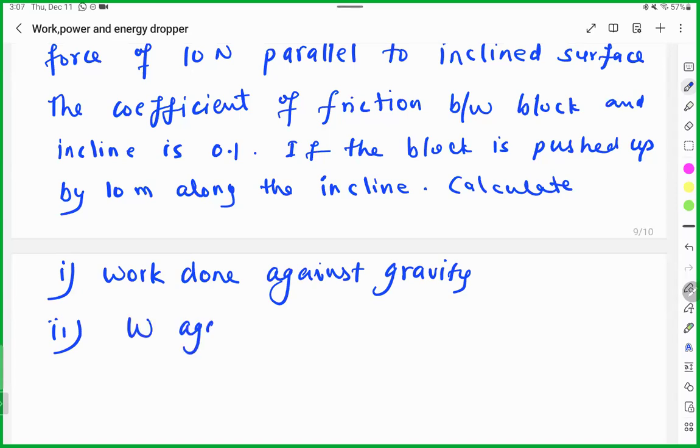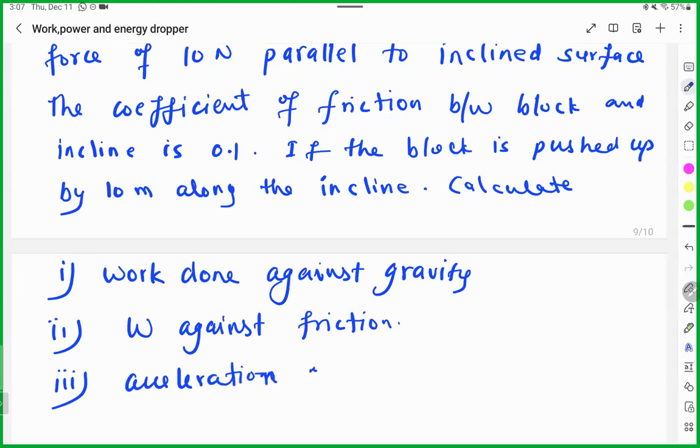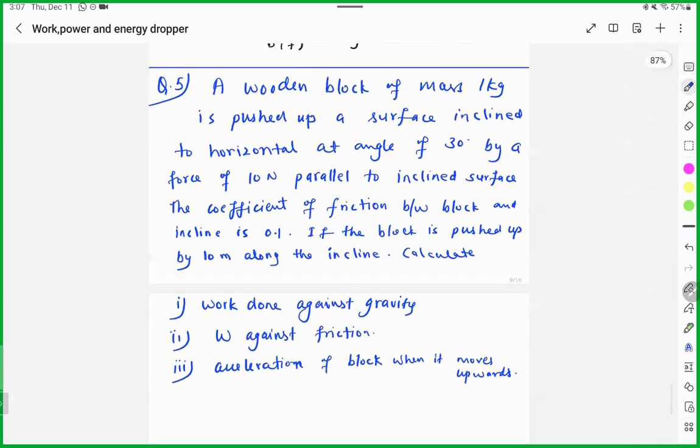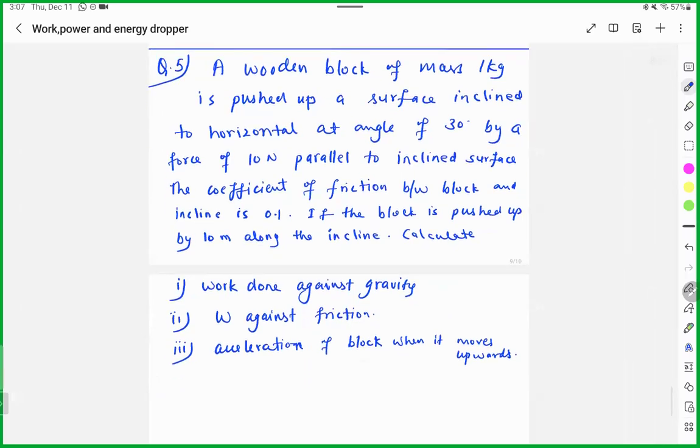And third, acceleration of block when it moves upward. Read carefully.